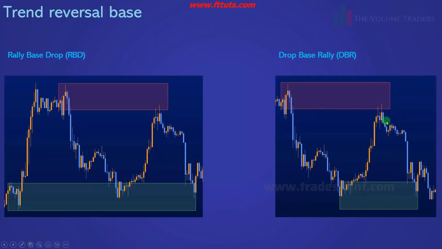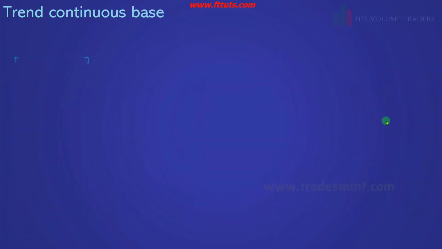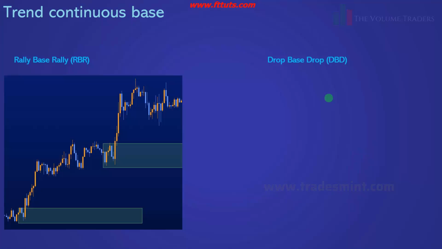I'm not using these terms very often, but I've seen on our Discord that some members use them, and this is very correct, because it's helping me to know what someone else meant. And something opposite to market changes is the trend continuation: rally base rally and drop base drop.